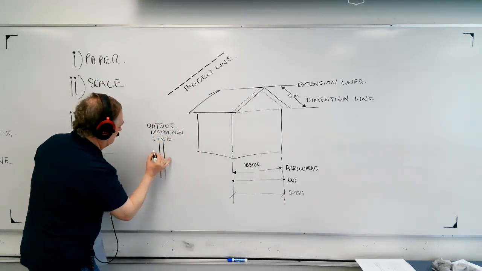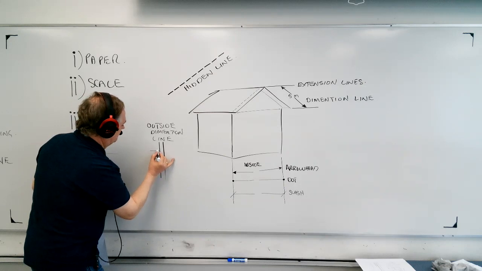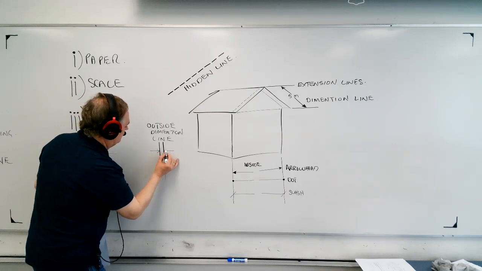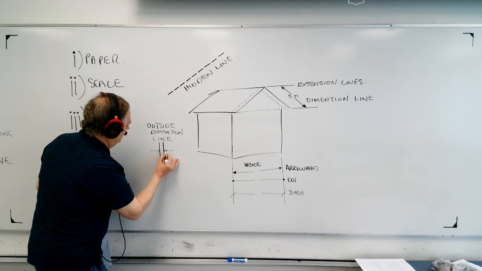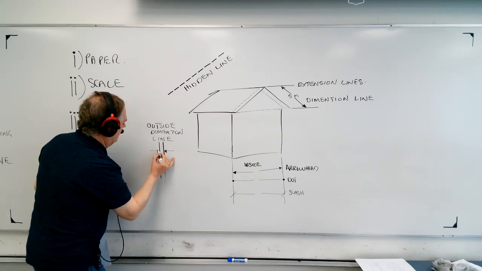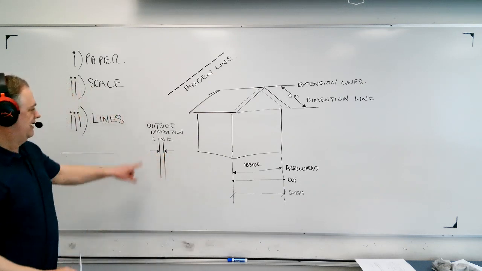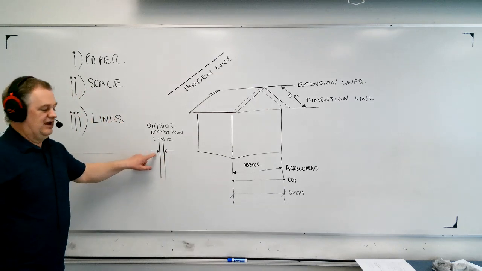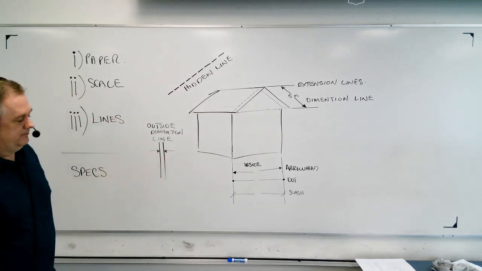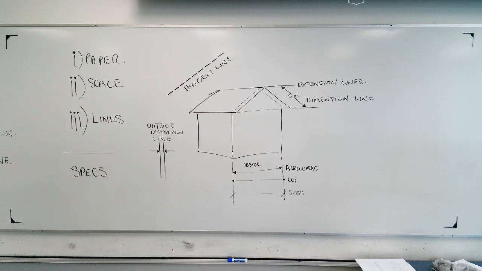What you do is you've got your two sides of your piece, and I'm going to use arrowhead cut lines on this. And this is going to be an outside dimension line using arrowhead cut lines. So if you can see that well, that shows you now.